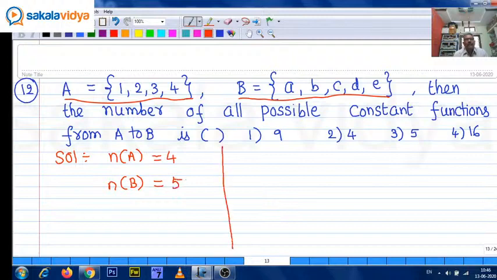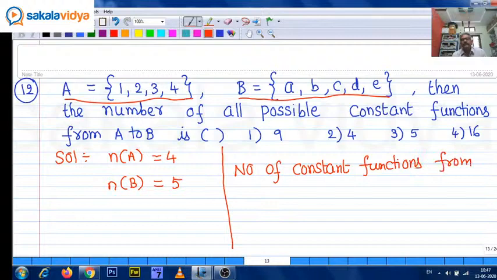So we have the formula: the number of constant functions from A to B equals the number of elements present in B. That is 5. So the answer is 5. B to A would mean 4. Option 3, absolutely correct.